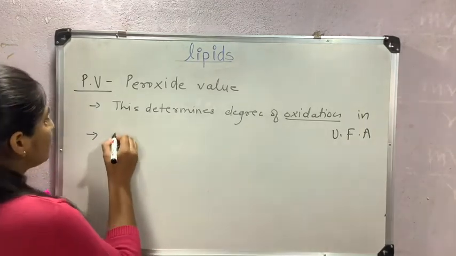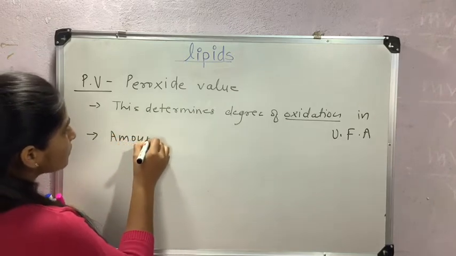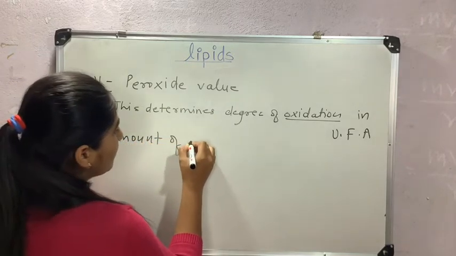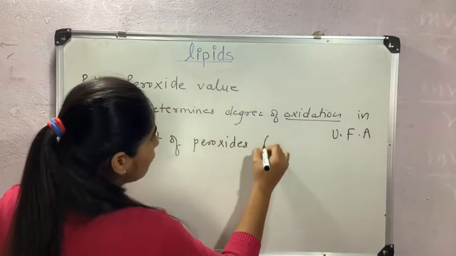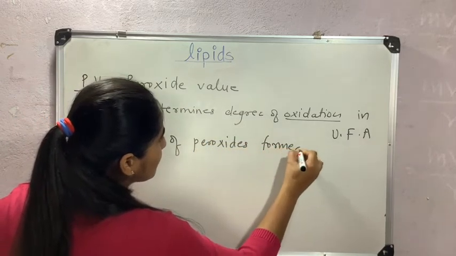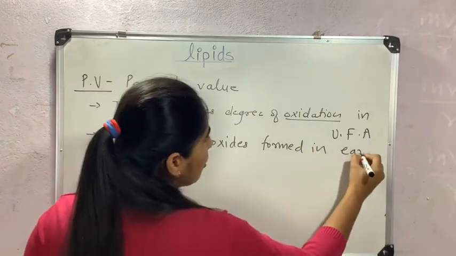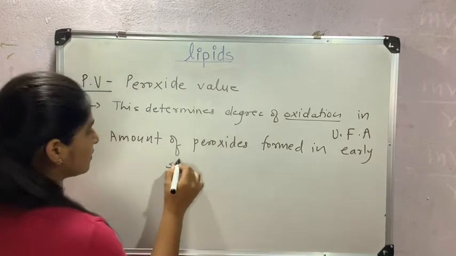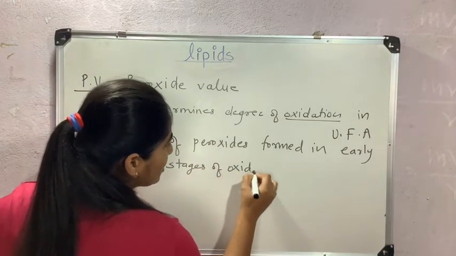Here I will write the amount of peroxides formed in the early or initial stages of oxidation of lipid.